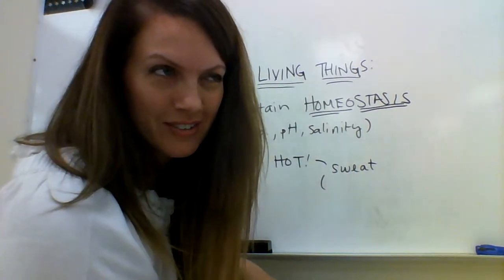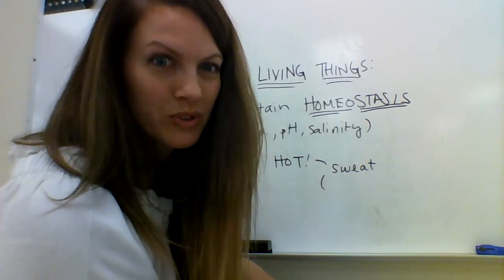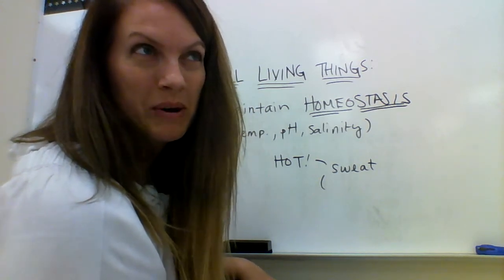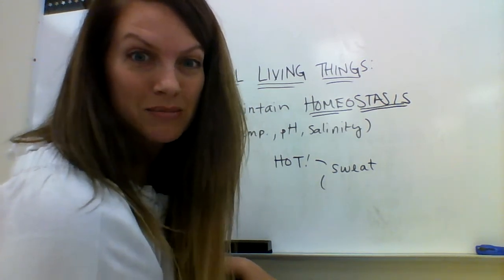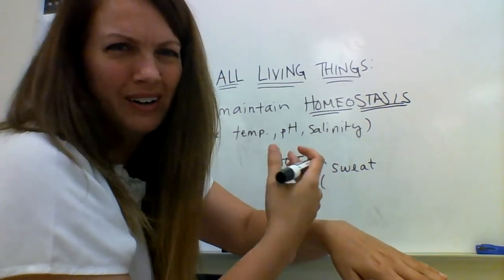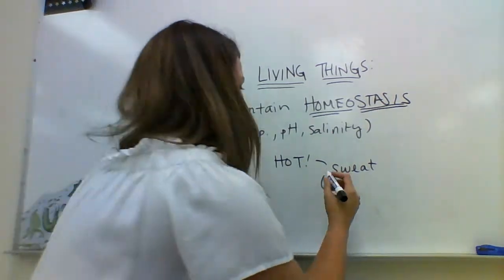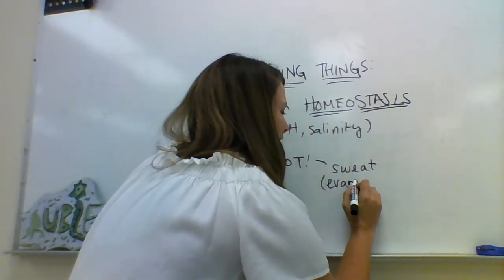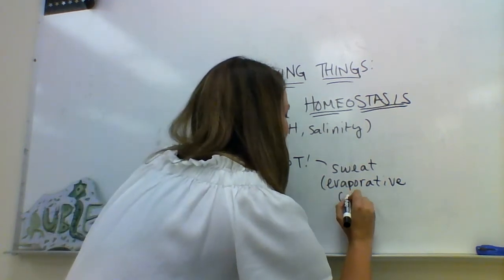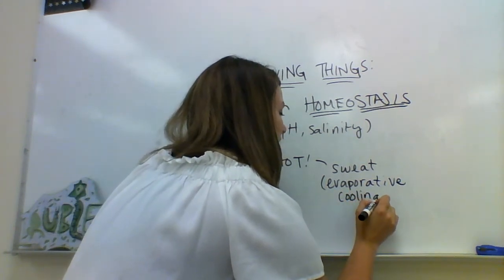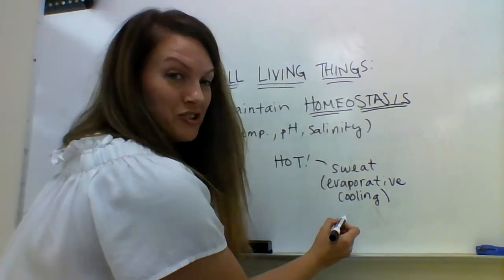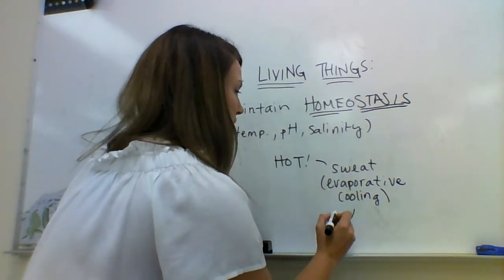Unless you live in Charlotte, North Carolina, where it's really humid, and I think right now it's probably about 85% humidity outside, meaning the water doesn't leave the surface of your skin, meaning you're not cool, you're just wet and hot, which is terrible. But usually, sweating allows for evaporative cooling. That's going to cause your body temperature to decrease.